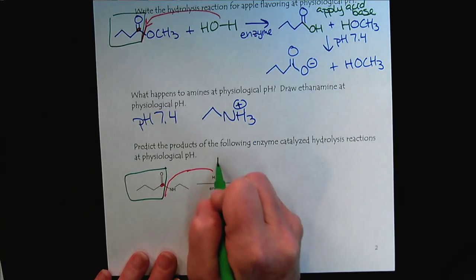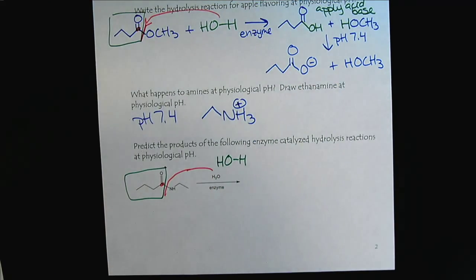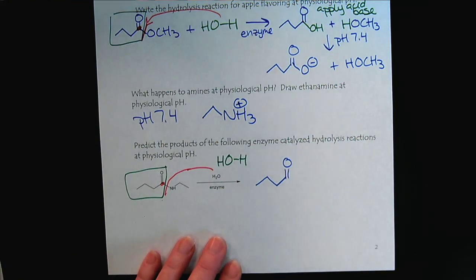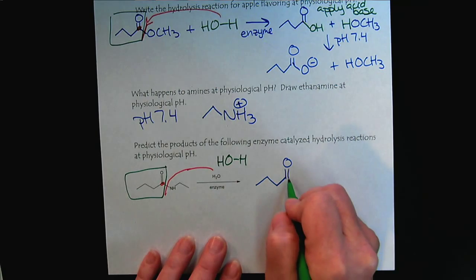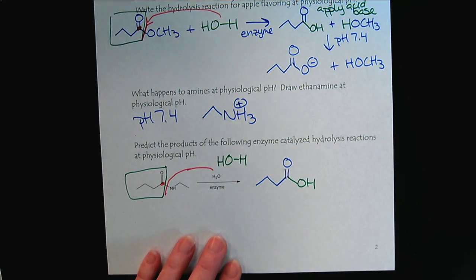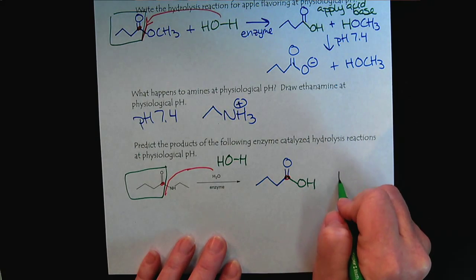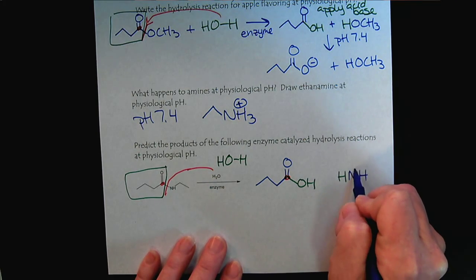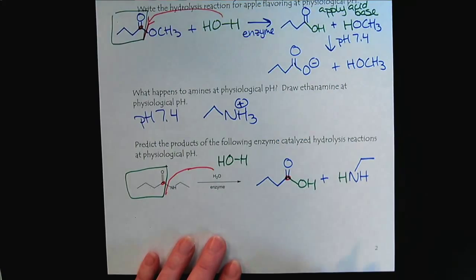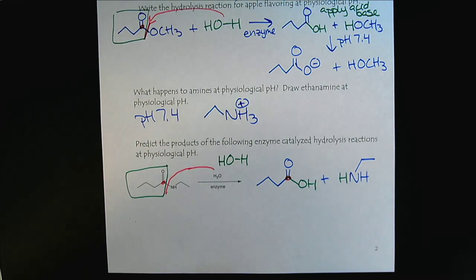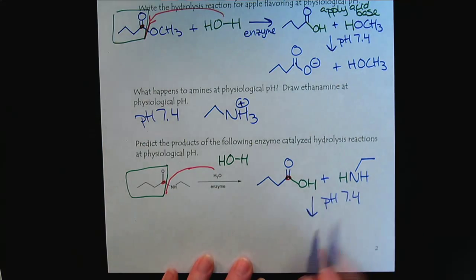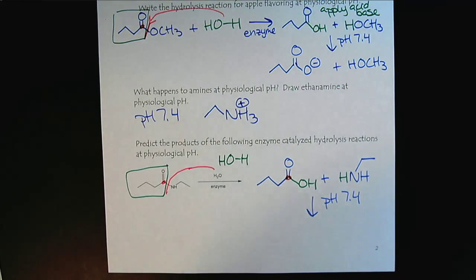It can be helpful to think of water this way. As we draw the product here, the hydroxyl group will always come in and bond to the acyl group, and then the other hydrogen will bond with the amine. But if this is occurring at physiological pH, at pH 7.4, now we need to apply our acid-base chemistry.